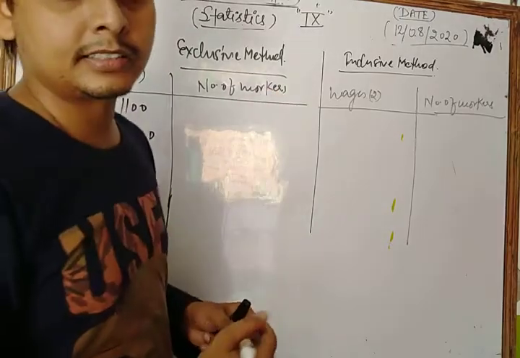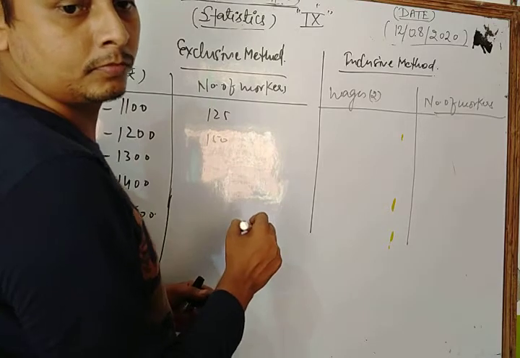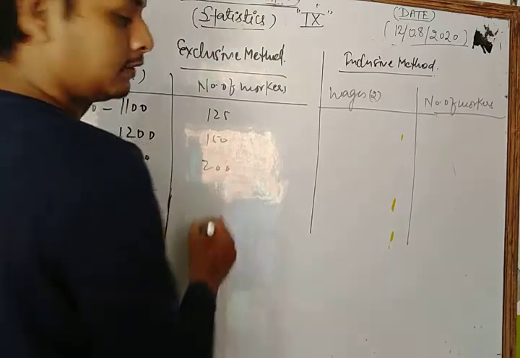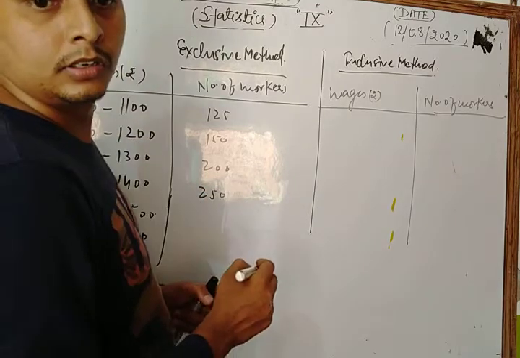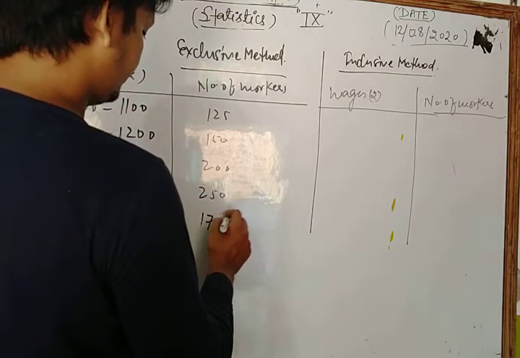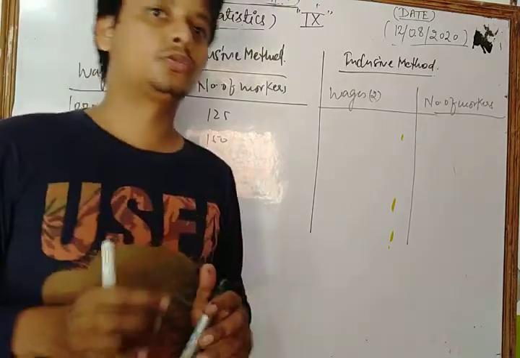And the number of workers there are 125, 150, 200, 250, 175 and 100.